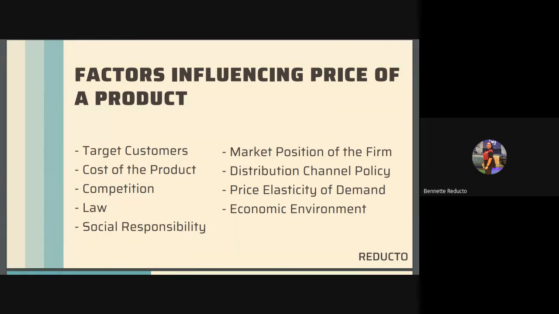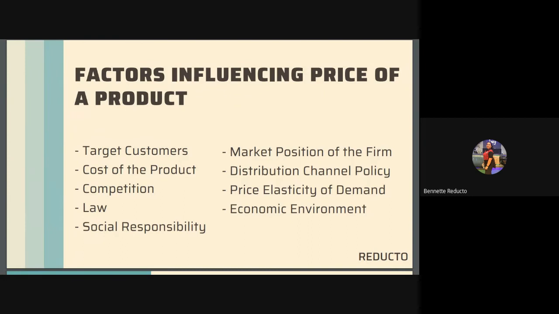The eighth one is the price elasticity of the product. As I mentioned a while ago, the price and the demand of the product have an inverse relationship. As the price goes up, the demand will decrease. But if the price falls, the demand will increase.